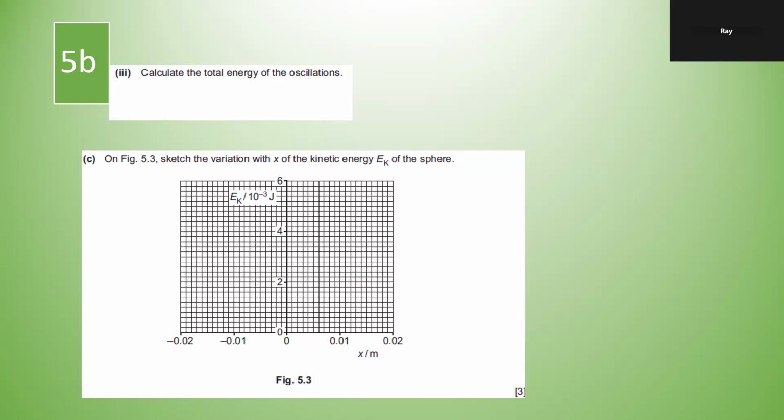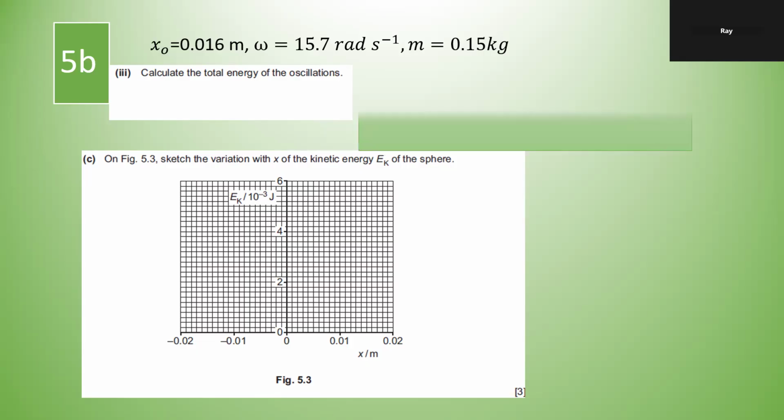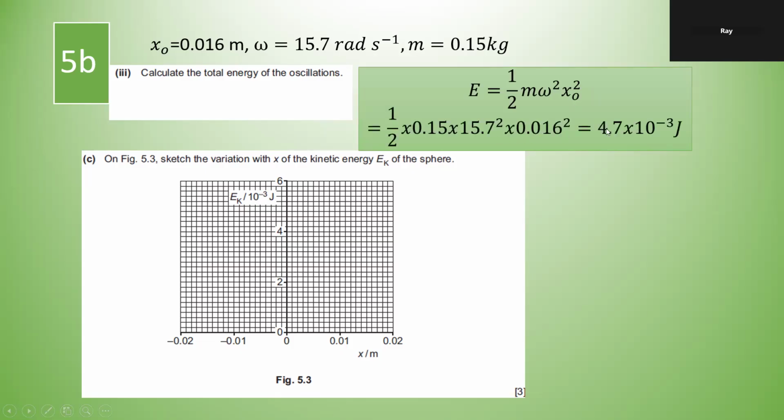Remember your x naught square. Total energy equals maximum kinetic energy, no? Half mv square, no? Half mv square, v is omega x naught. So half m omega square x naught square. Put in your value and calculate out.